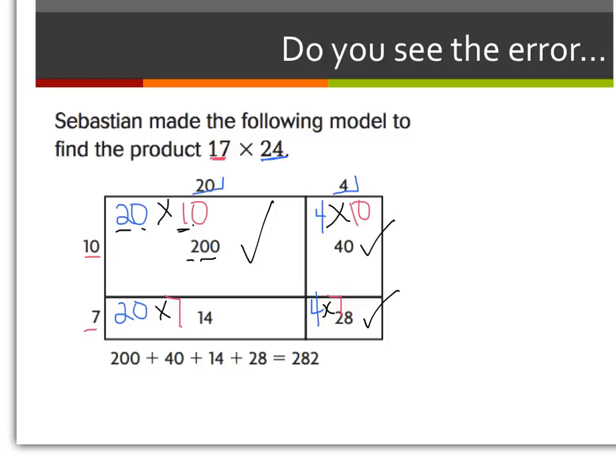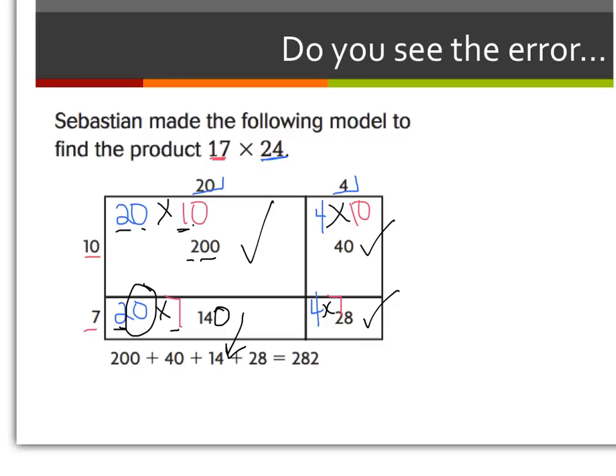Then 20 times 7 uses the basic fact of 2 times 7, which is 14. But they didn't multiply 2 times 7, it was 20 times 7. So instead of 14, this box should have had 140 in there. Sebastian's error was forgetting to put his 0 in when using the multiplying 10 strategy when doing 20 times 7.